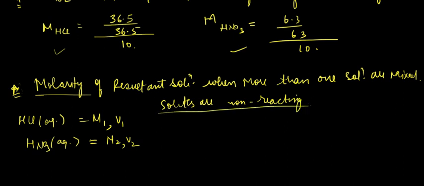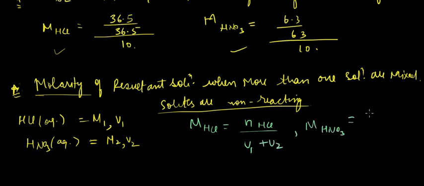In this case molarity of HCl would be moles of HCl upon V1 plus V2. I'm not talking about the volume of HCl solution here, directly write V1 plus V2. Similarly, molarity of HNO3 would be moles of HNO3 upon volume of mixed solution, which is V1 plus V2.